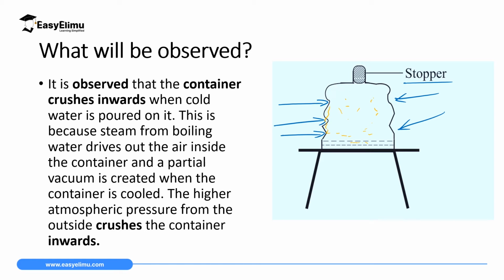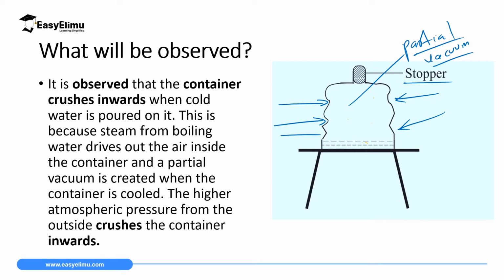The steam cooled to become water. And this space now, since there is no air and you have put a stopper there, will remain almost empty. Almost empty spaces, in physics, we call them a partial vacuum. So this space will remain a partial vacuum.